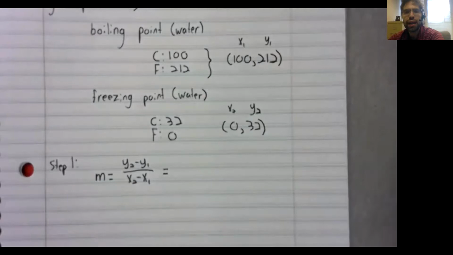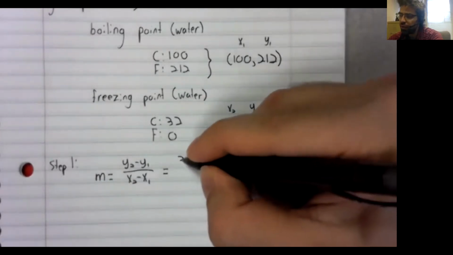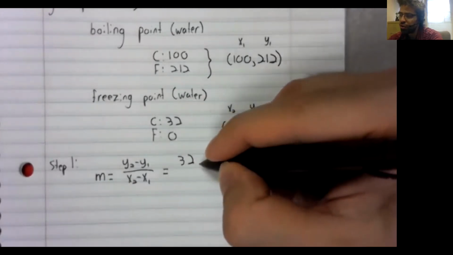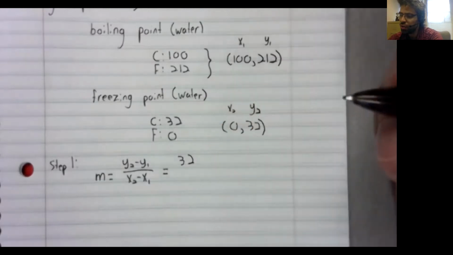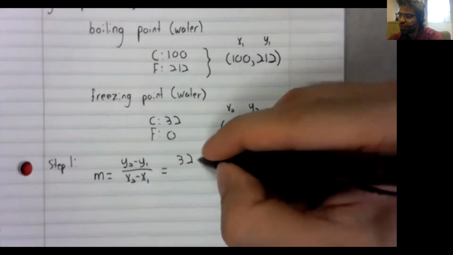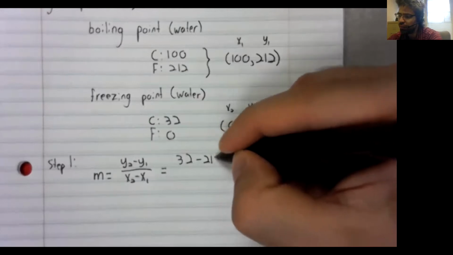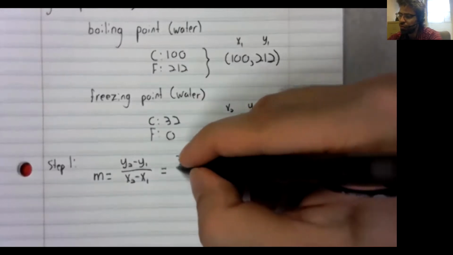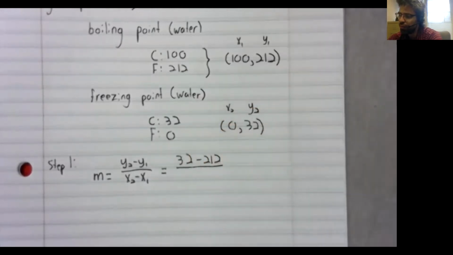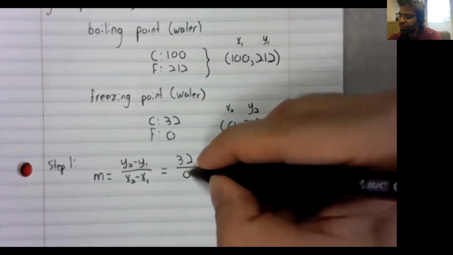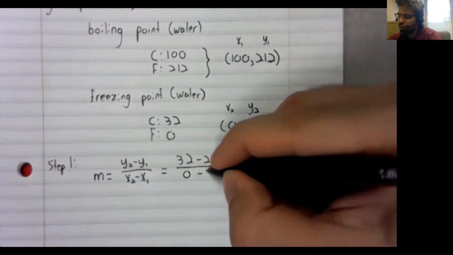Now we plug and play. Y2 is 32, minus y1 is 212. X2 is 0.